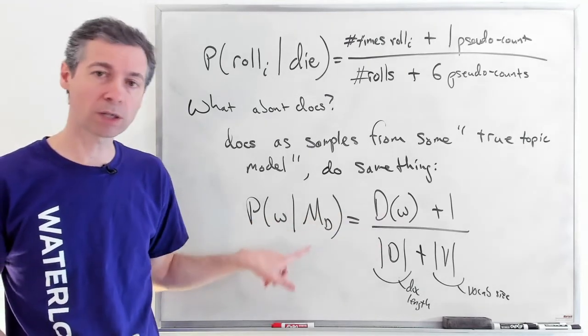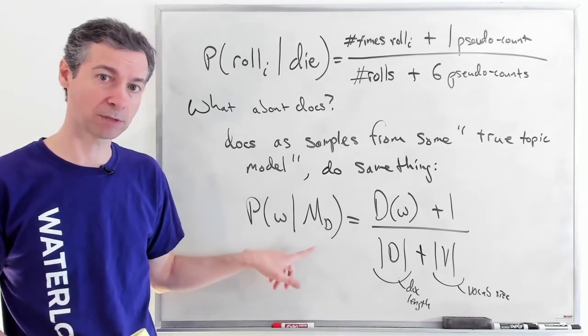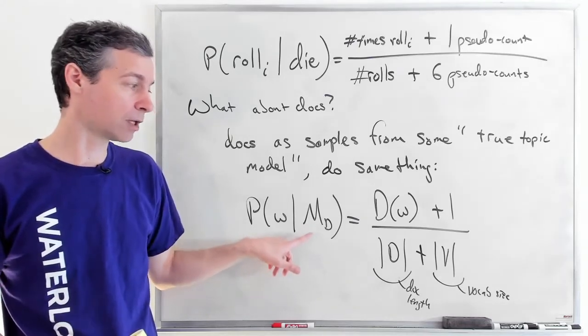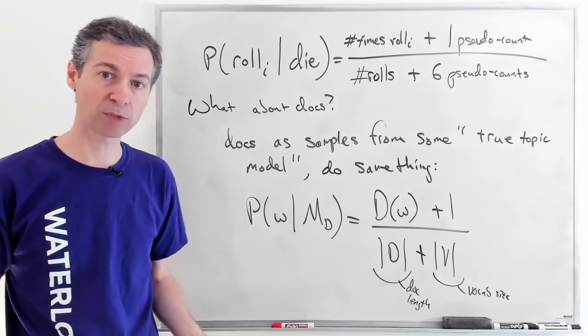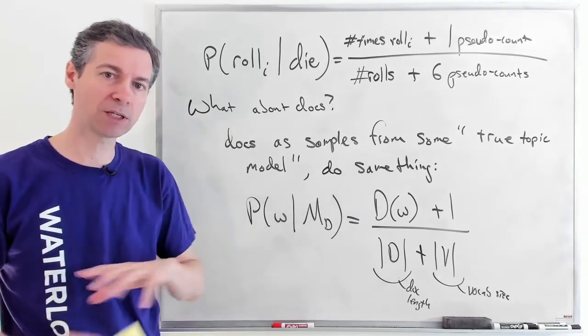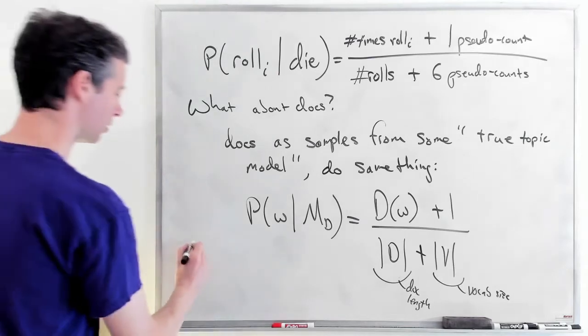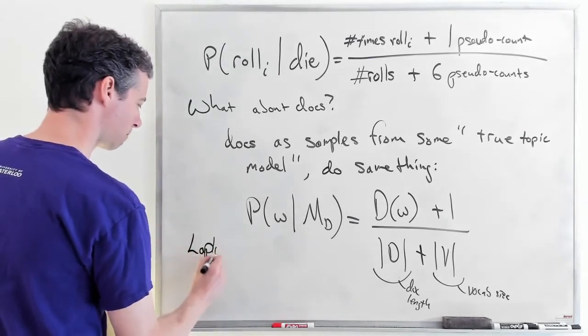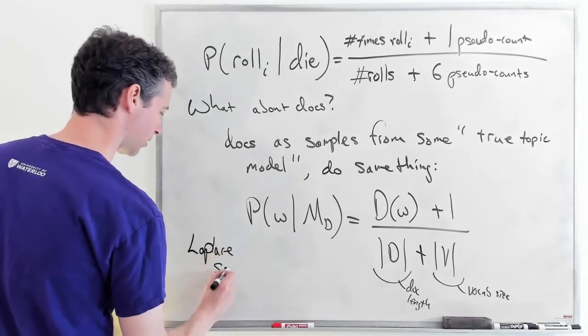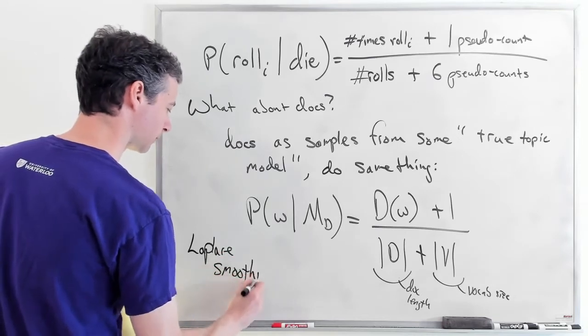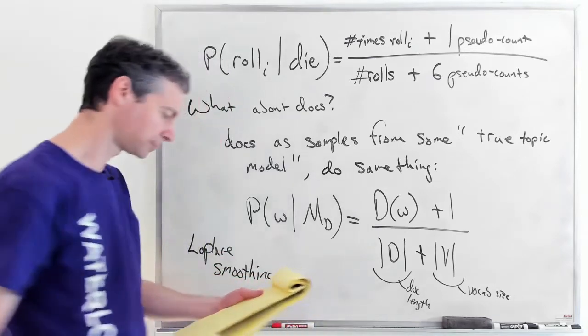This is no longer a maximum likelihood estimated model. This is now a smoothed language model, and we have eliminated all the zero probabilities. This happens to be called Laplace smoothing, named after Laplace.